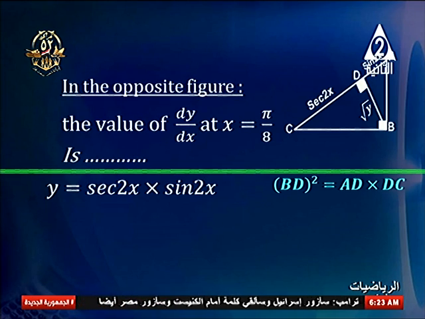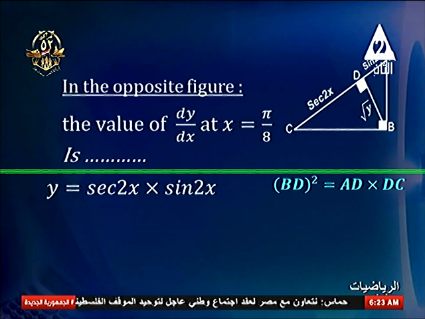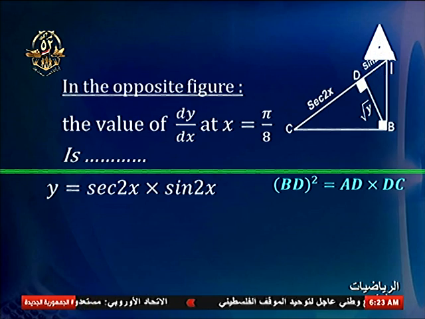Look, my dear student. Sec equals what? Sec is 1 over cosine. You are a very good student.